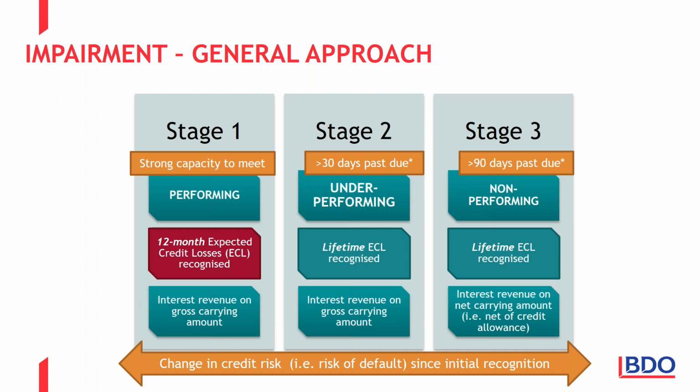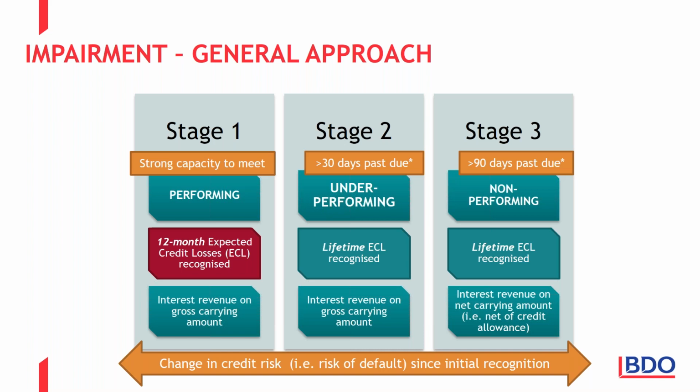And then if this particular loan receivable moves to non-performing, so usually the backstop measure is more than 90 days past due, we still use lifetime expected credit losses, but now we also change our recognition of revenue. And now your interest revenue is actually based on the net amount, not the gross amount. So this is quite a big change to what we've previously had.